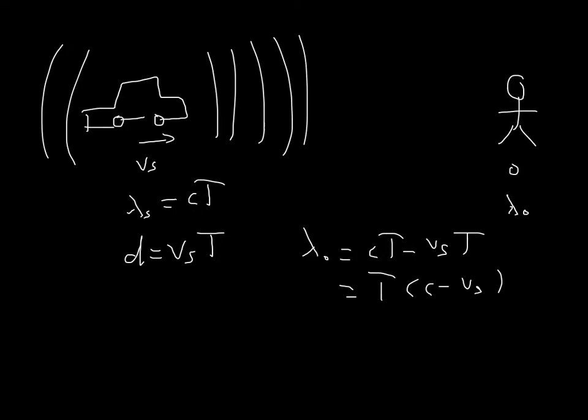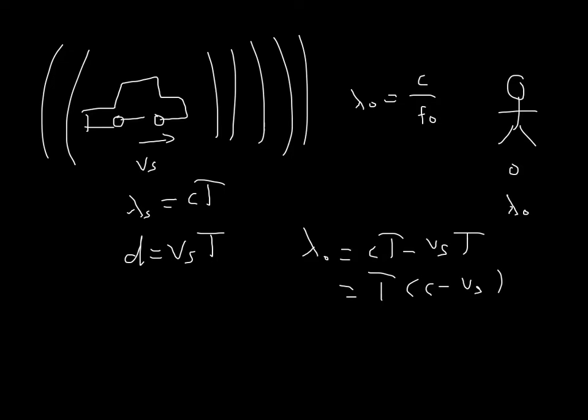Now, first thing for this: the period is the period between two waves. Therefore, this is just 1 over the frequency of the source. Good. Now for this one, the observer measures a speed of sound that's the same as the source has. So we have that the wavelength measured by the observer is c over the frequency measured by the observer.